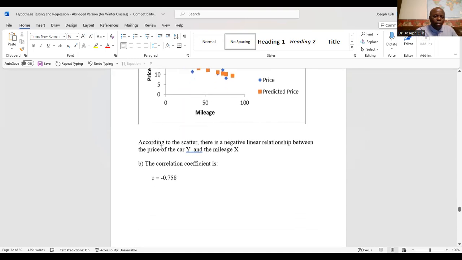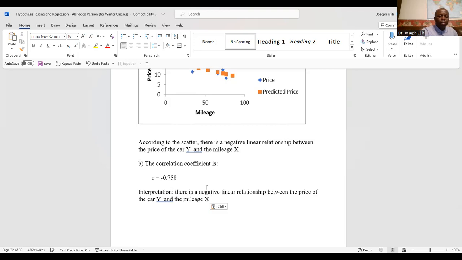So now that's the same way we interpret our R. That means that there is a negative relationship between the price and the mileage.